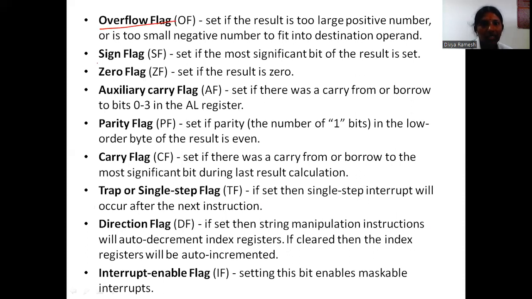Overflow flag: this flag is used to indicate if a too large positive or negative number result is generated. This status can be indicated with the help of the OF flag. Next one, sign flag: it indicates what type of result is obtained, positive or negative.